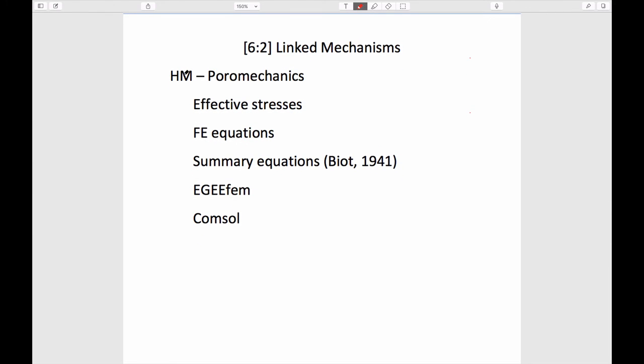So last time we embarked on this first activity to look at linked mechanisms, and the first one was linking flow in dual porosity media, where we could write, for instance, flow in two separate meshes, which were not connected at all, but were superimposed on each other.